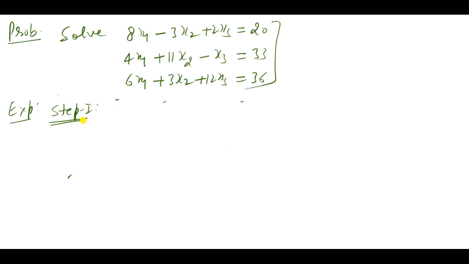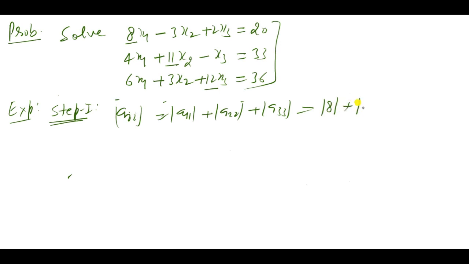So we check the condition |Aii|, that is |A11|, |A22|, |A33|: 8 plus 11 plus 12, which is equal to 31.